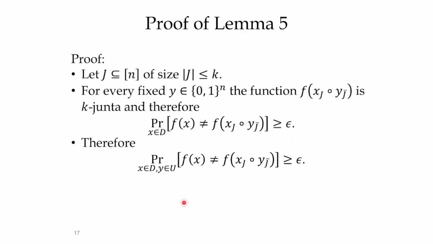Therefore, the probability of f(x) not equaling f(x_J concatenated with y_J̄) is greater or equal to epsilon.